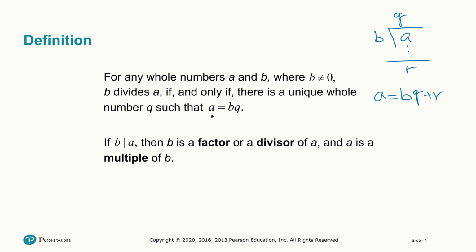So when we simply say a equals bq, we're saying that the remainder of the division between the two numbers is 0.